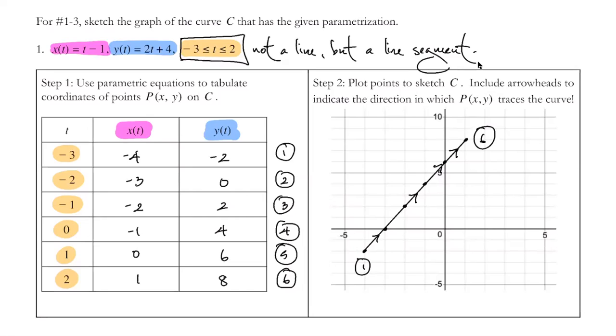Does that make sense? So by arrows, I don't mean arrows at the end like a regular line. I mean, show me the direction that this is moving in. Okay, so we're starting at 1, we're going to 6. We throw a few arrowheads in there along our curve to show the direction of the curve.